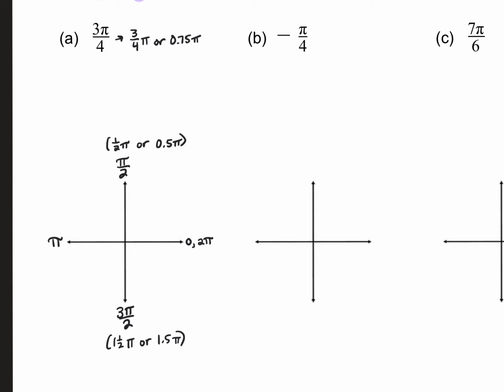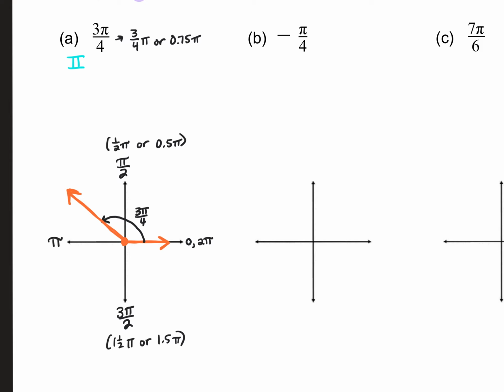So when I go to draw my angle, again, I start the same way I did last time with my initial side, and then I'm going to rotate to 3/4 pi and draw in my terminal side. So this angle is 3 pi over 4. Now, as far as quadrants go, I'm hoping that you can easily see that that is in quadrant 2.